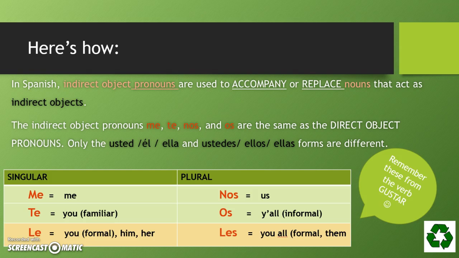Remember how we just said how this answers the question to whom or for whom? So when I make the statement, a mí me gusta la música, I'm saying music is pleasing to me. Or if I say, a ti te gusta bailar, I'm saying to you, dancing is pleasing. So again, we're answering that question to who or for whom something is pleasing to. Bueno, so just remember this functions just like gustar.